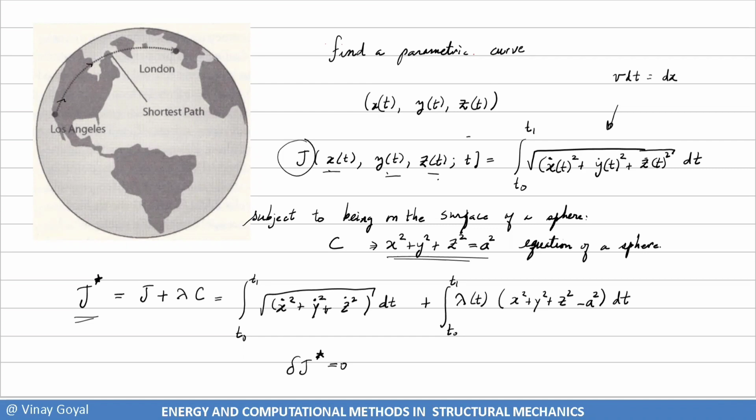And that will allow me to find x, y, and z to render j stationary subject to the constraint c. Well, in this case, if I want to just write a c, I should just make this equal to 0, and then I can say c.